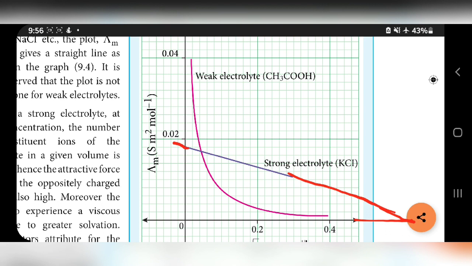But the same procedure is not applicable for a weak electrolyte because the plot is not linear, so it will not touch the axes. So we calculate the Λ°m value for the weak electrolyte by using Kohlrausch's law.